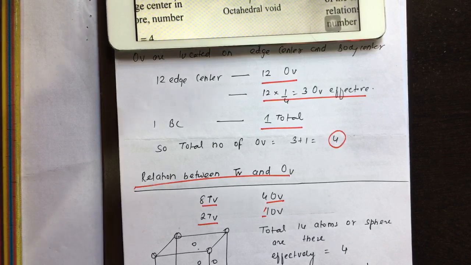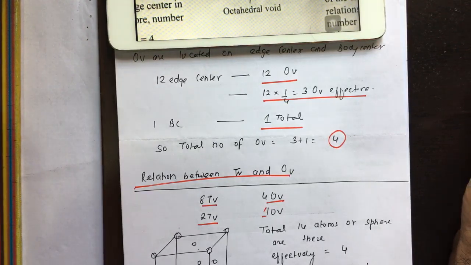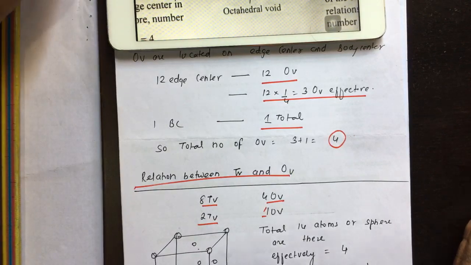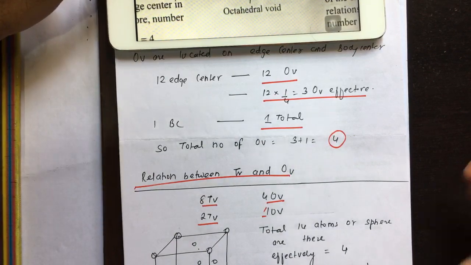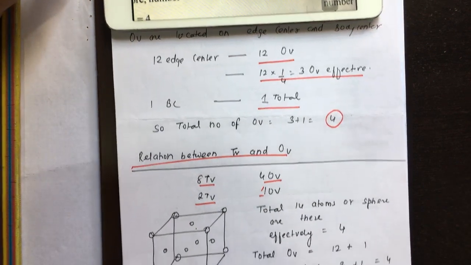The size of the octahedral void in the radius ratio comes out to be 0.414, which is a limiting value, while the size of the tetrahedral void is 0.225. So if you check 0.225 and 0.414, nearly double is the relationship between the tetrahedral and the octahedral voids.